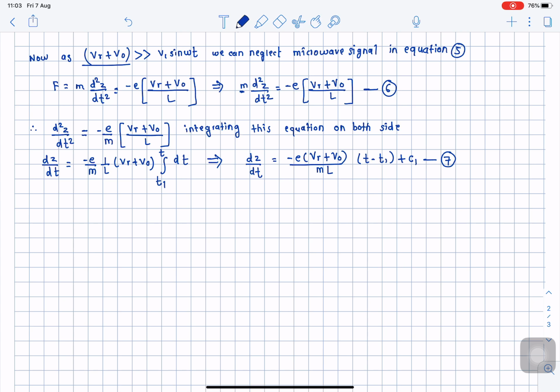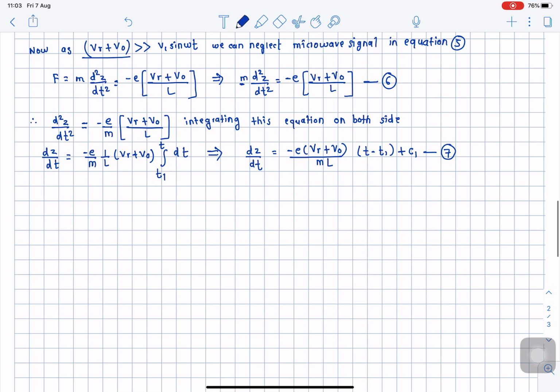Now we want to evaluate what that constant c1 is. This constant c1 can be calculated by placing t equal to t1 in equation 7.